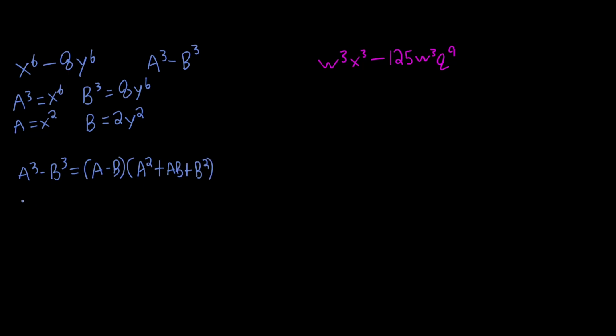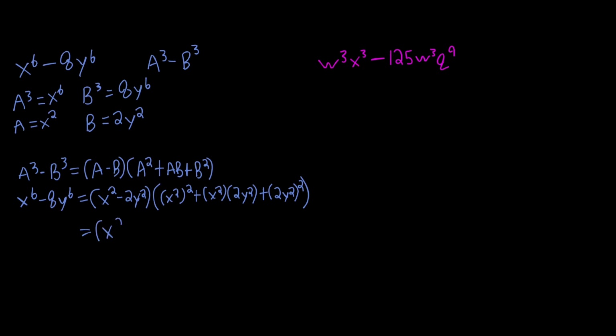Okay, so in this case, I have x to the 6th minus 8y to the 6th, which is going to give me x squared minus 2y squared. And that's going to be (x squared) squared plus x squared times 2y squared plus (2y squared) squared.